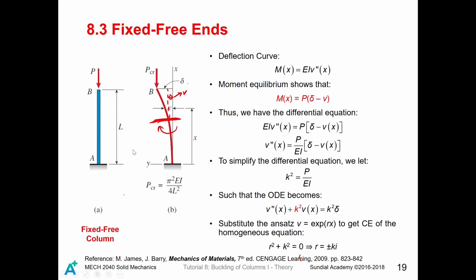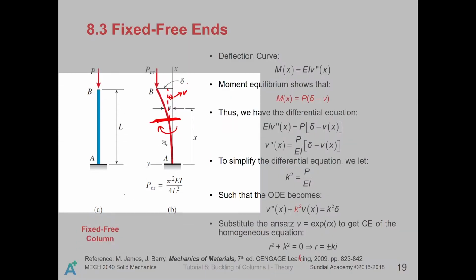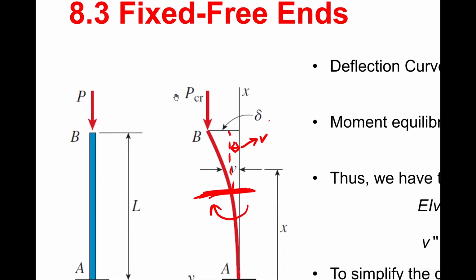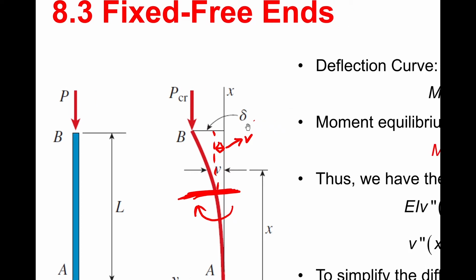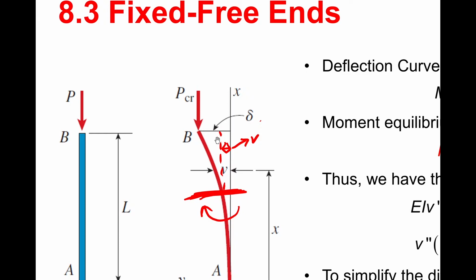If we use some magnifier, I hope I can make it clear. So here is delta, and for this delta, you minus it by V, then you have the moment arm, which is located here. So the critical load times the moment arm, which is delta minus V, equals the moment.